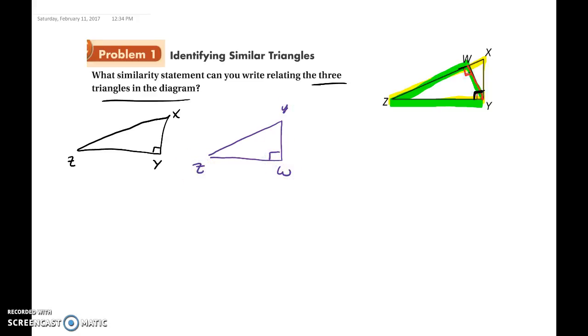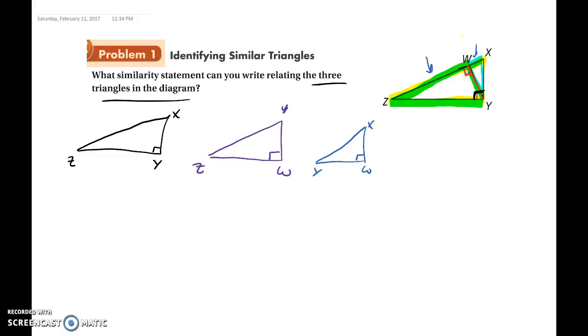Then we have our last right triangle, which is this one here, and I'll draw that in blue, looking the same way. So our angle W is also the right angle again, and this will be X and this one will be Y. I rotated and flipped some of these triangles that we drew.